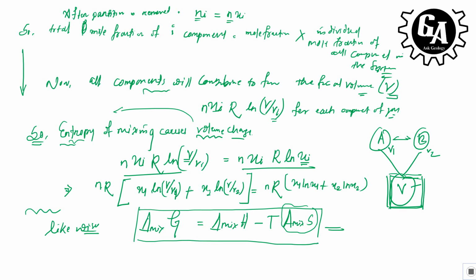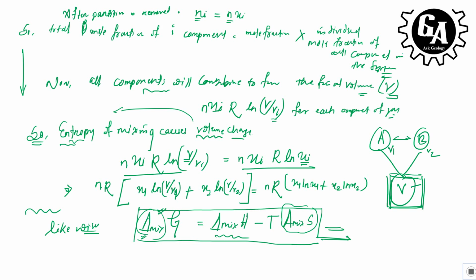G is equal to H minus T del S. So the total mixing Gibbs free energy is given by this basic thermodynamic equation, and these are the parameters that will change when we mix.